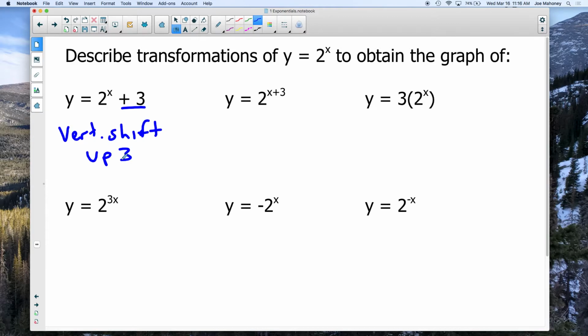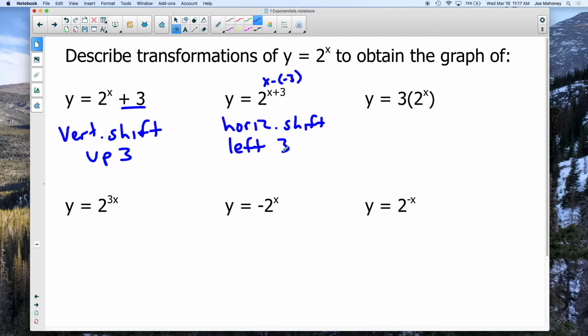Now, if we add 3 to the x value, though, that's our horizontal shift. And what you might remember is that the horizontal shift goes in the opposite direction of the sign. So x plus 3 is really x subtract negative 3, which means we're moving this graph to the left 3.